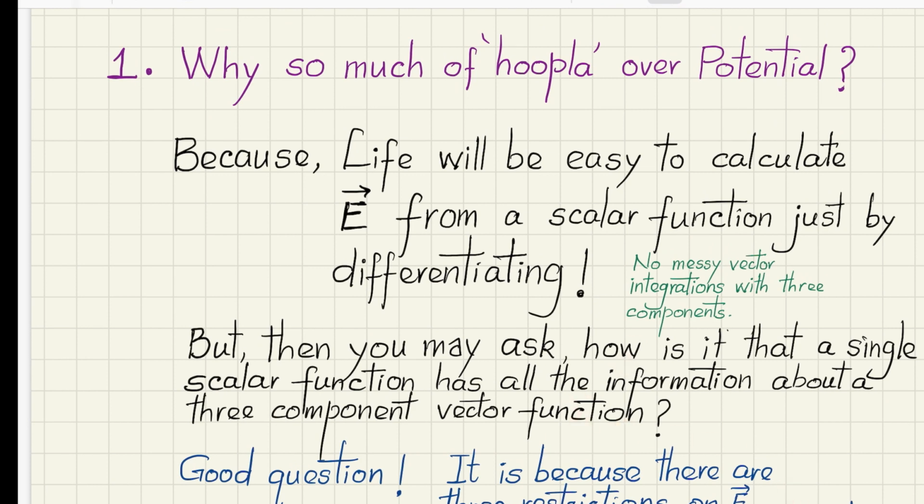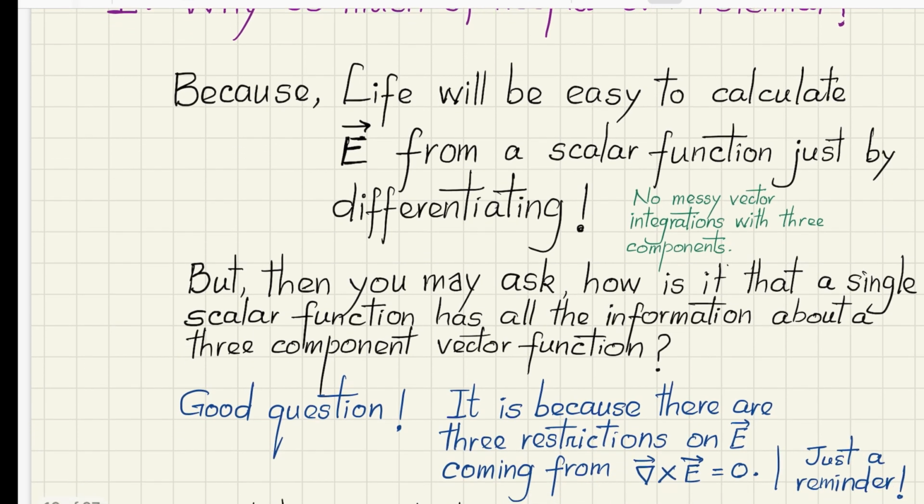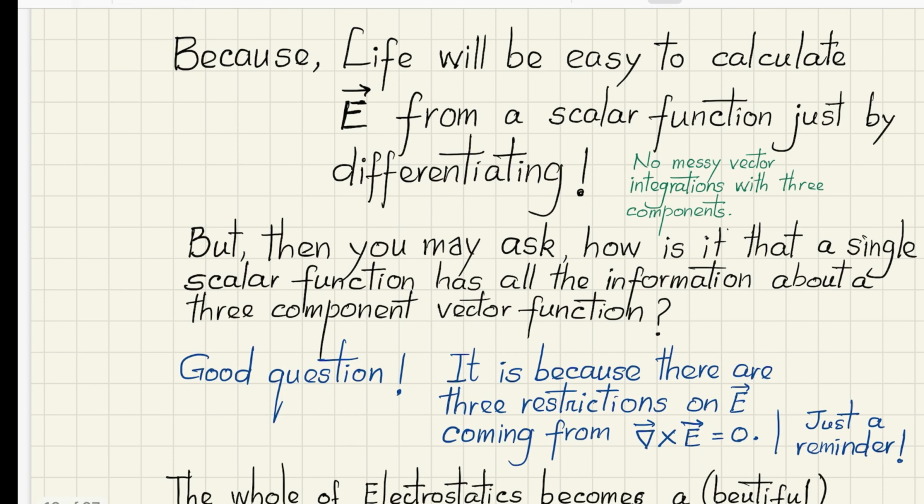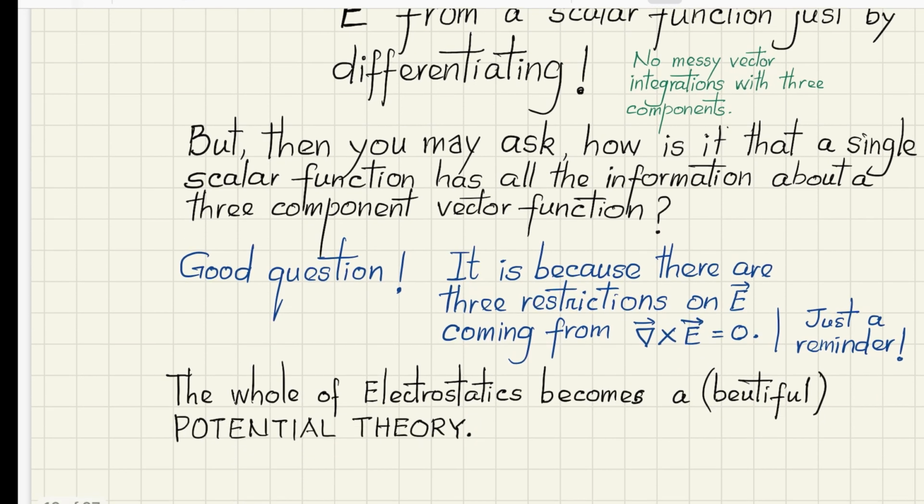So a scalar function is able to do the job of a vector function because we have specifically imposed the 3 conditions coming from del cross E is equal to 0. All right, so the whole electrostatics becomes, in my opinion, a beautiful potential theory if you can do that.